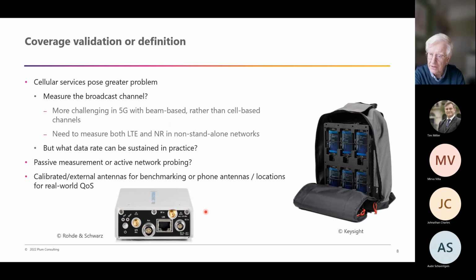And the sort of tools they use, you can see a backpack here, which can contain up to 6 commercial handsets that are then driven by a monitoring unit, in this case a Keysight product, to actively probe and investigate the traffic that can be handled by a particular cellular network.